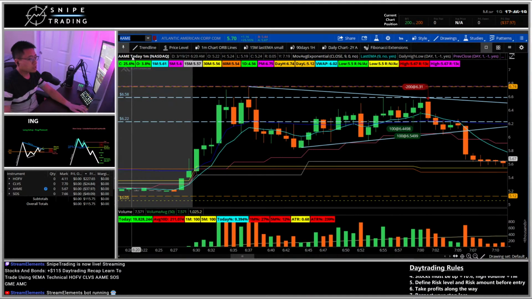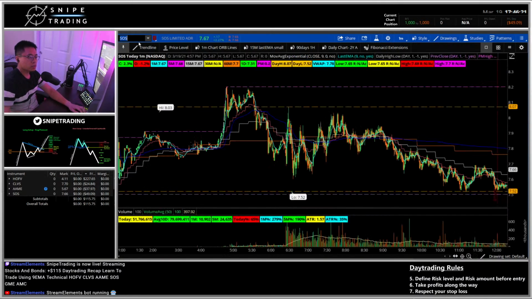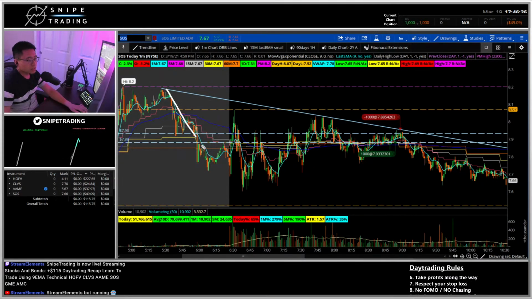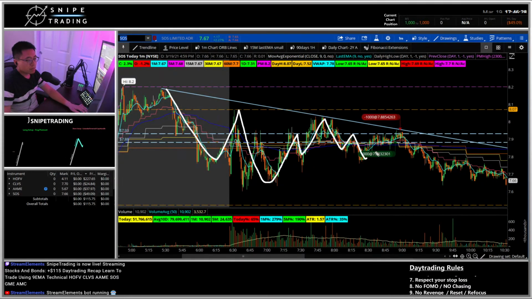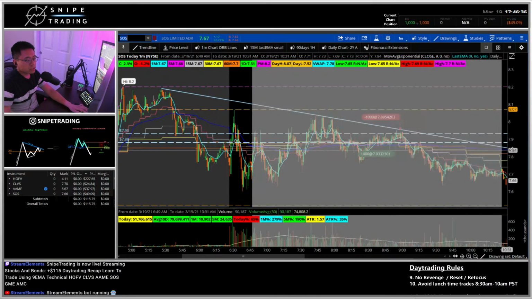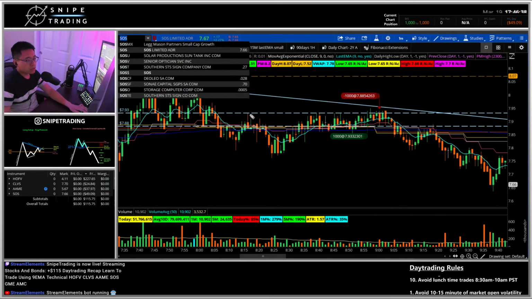Next trade was SOS. So this was also another potential long, and you can see it had a decent long pattern, and then it was holding VWAP around this area. Attempted a long there, hoping for the push. So I actually went a little early because it was breaking above these levels here.